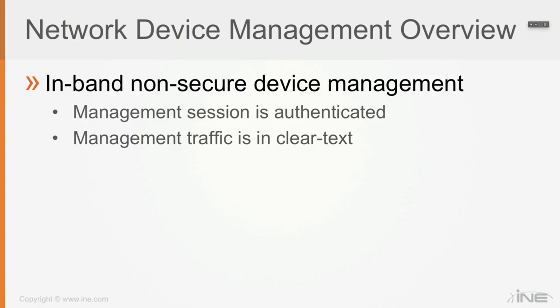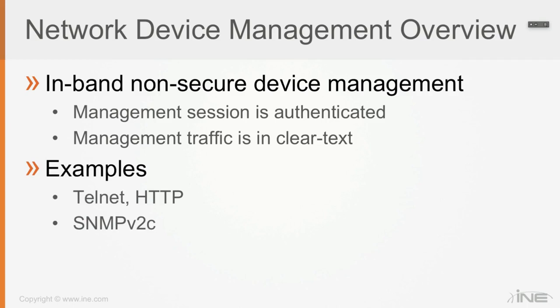So non-secure device management means that the management session is authenticated, but the management traffic is in clear text, which means the authentication part is also going to be sent in clear text. Examples are clearly Telnet, HTTP, and SNMP version 2c. If you want to manage a device via those protocols, all of them are going to enforce some kind of authentication.